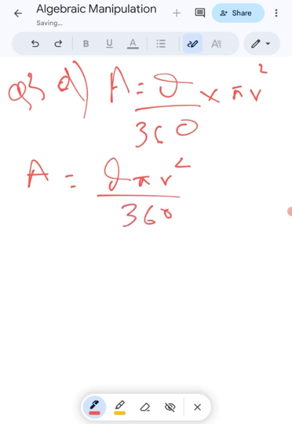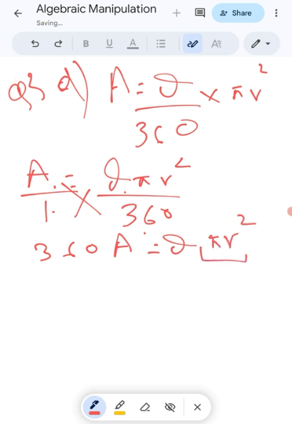Okay, now I had to make theta my subject, so listen, when there is nothing, it's a 1, simply cross multiply. 360 into A means 360A, and 1 multiplied by this entire thing makes theta pi r square, right? Now this pi r square is extra, and you had to make theta the subject, and I know theta and pi r square are being multiplied, so on the opposite side divide. So 360A upon pi r square is equal to theta.